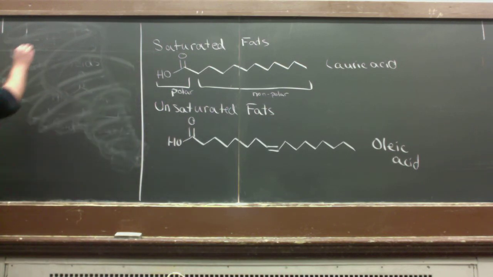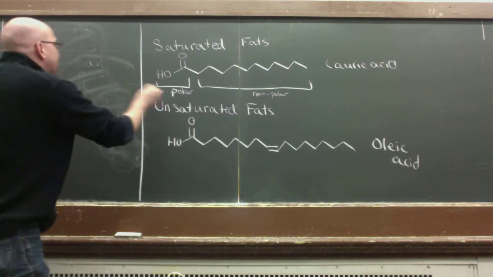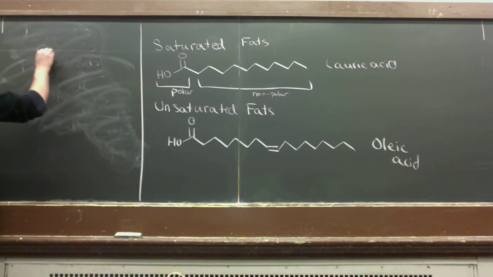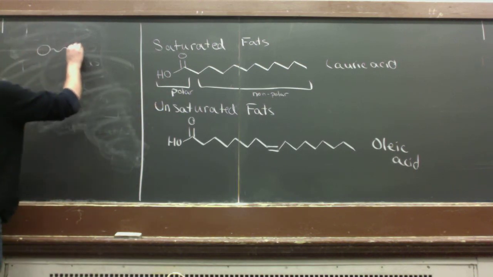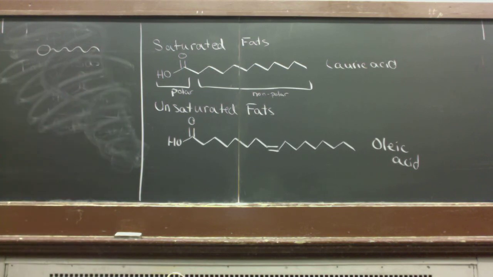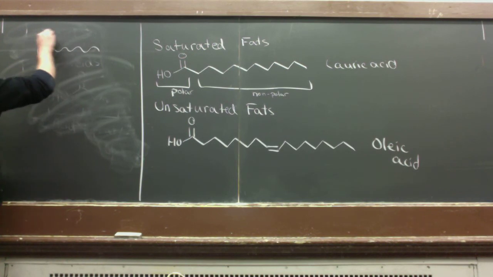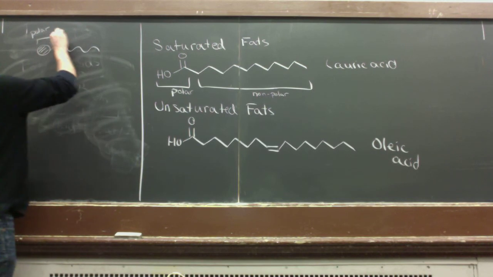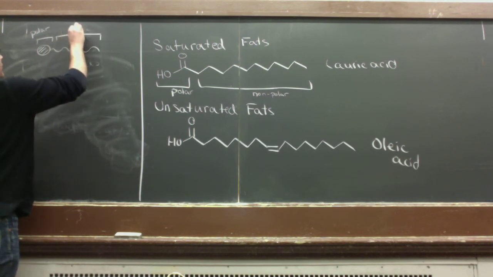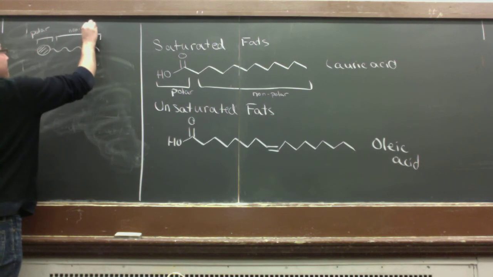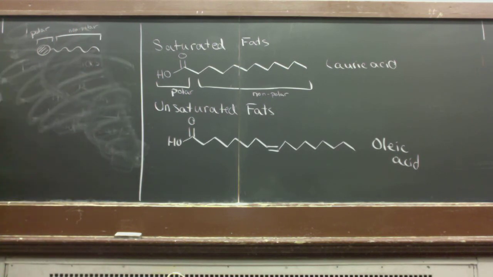And so what ends up happening is, you can think about these molecules, we'll often draw them like this. It kind of looks like a sperm, I guess. But this would be the polar head group. And this is the non-polar tail. And that polar region would be very water soluble, right?